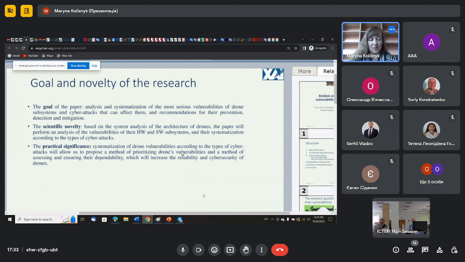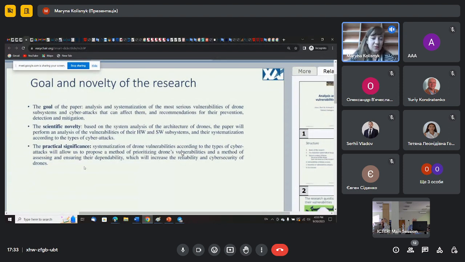In papers which you can find in different literature sources, you can find information about, for example, only communication protocols, or only processors, or only memory. So this systematization is larger and more complex.